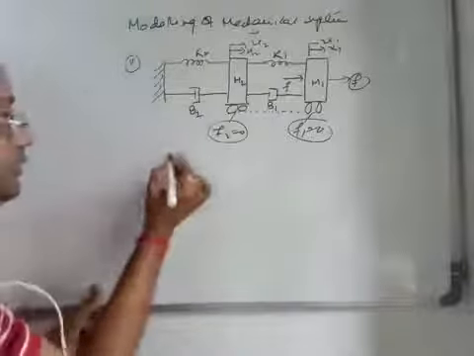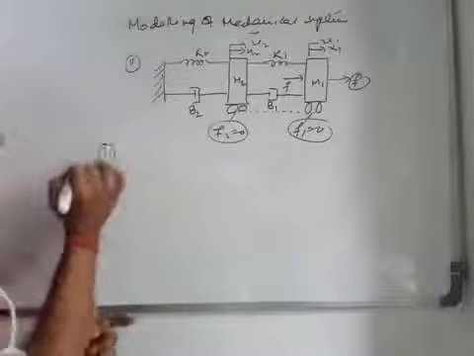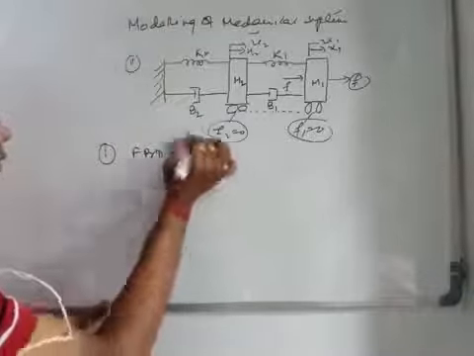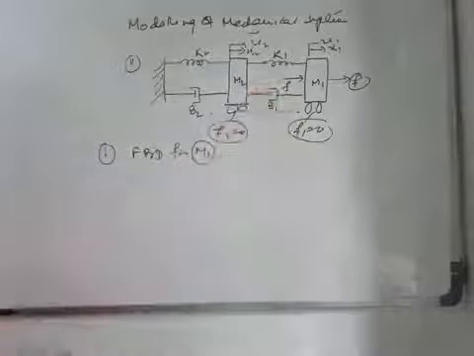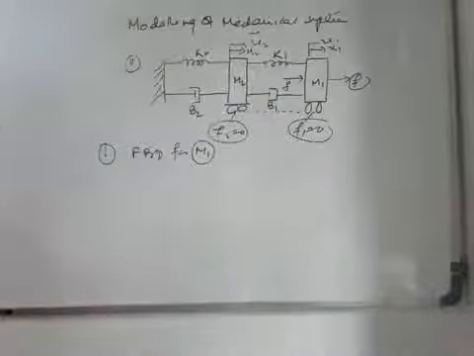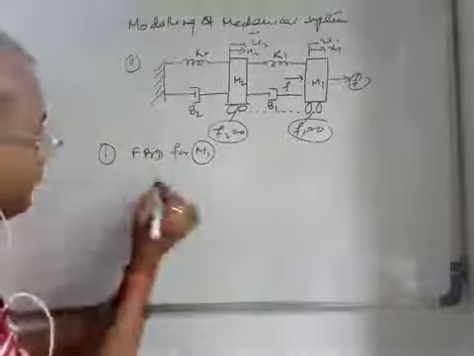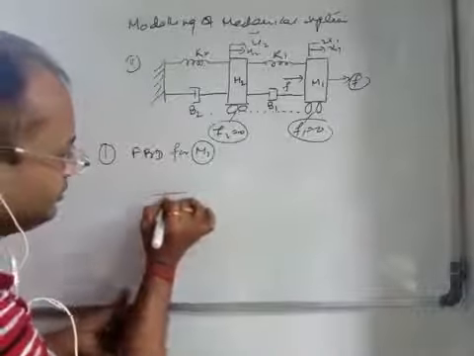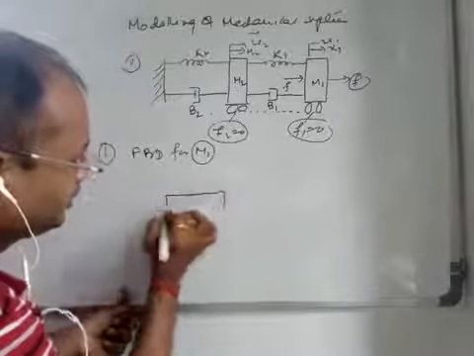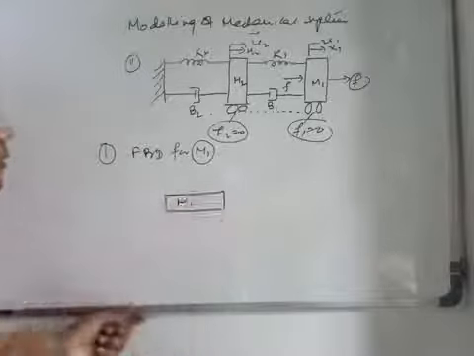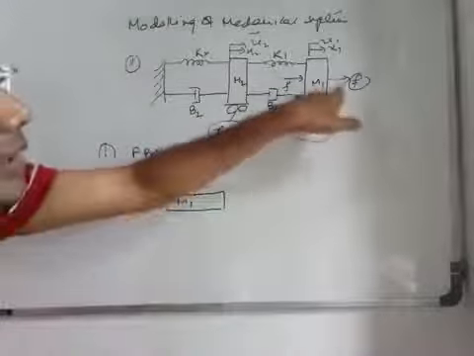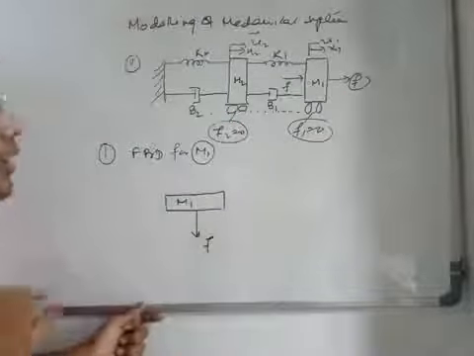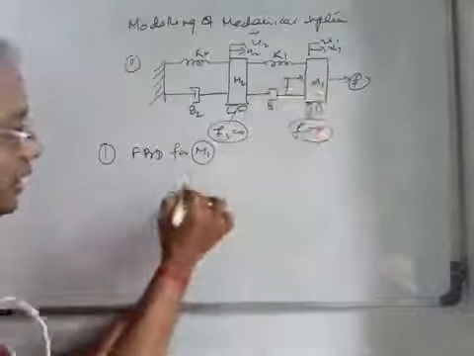First of all, we are considering the free body diagram FBD for mass m1, right? So what are the forces? This is your m1, the mass, and this force is outward, so you can take it as force F, or you can give this force in this direction also.